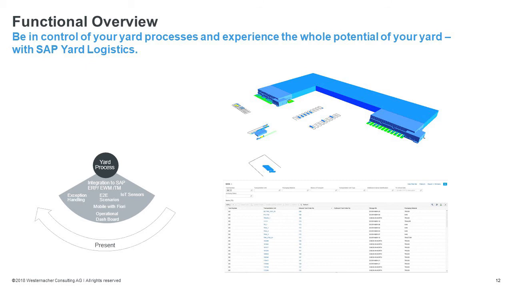So if you see this picture, this 3D visualization up front, people might say this is really a nice tool, but maybe it's also something that we just need to play around with. This is not the case. You can actually go in and reposition transportation units. You can also create tasks from there.